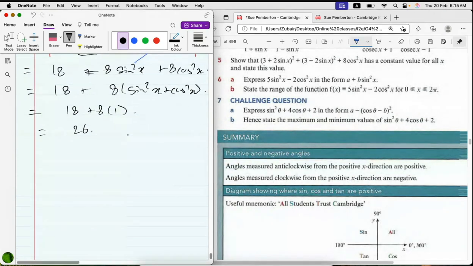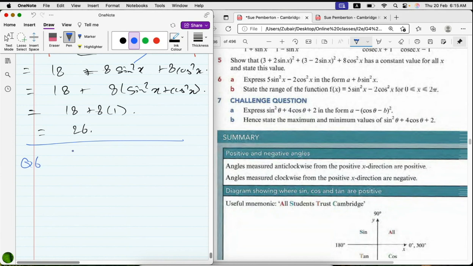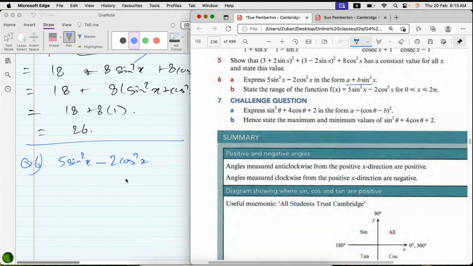Try question number 6. 5 sine square x minus 2 cos square x in the form... So that's all sine.